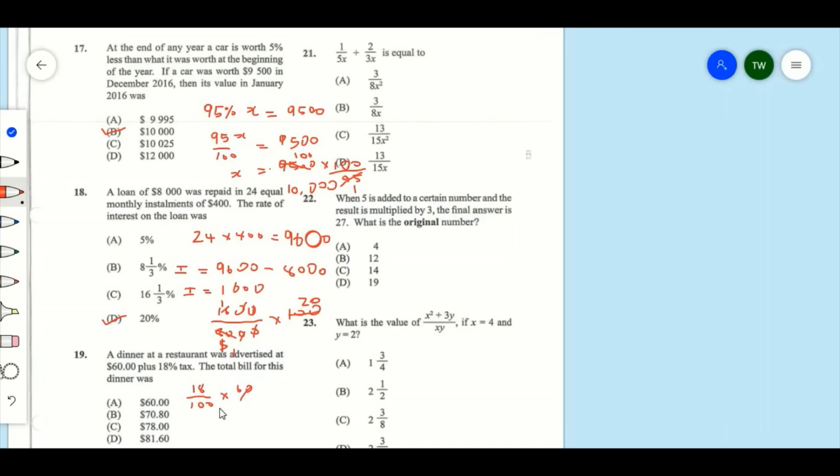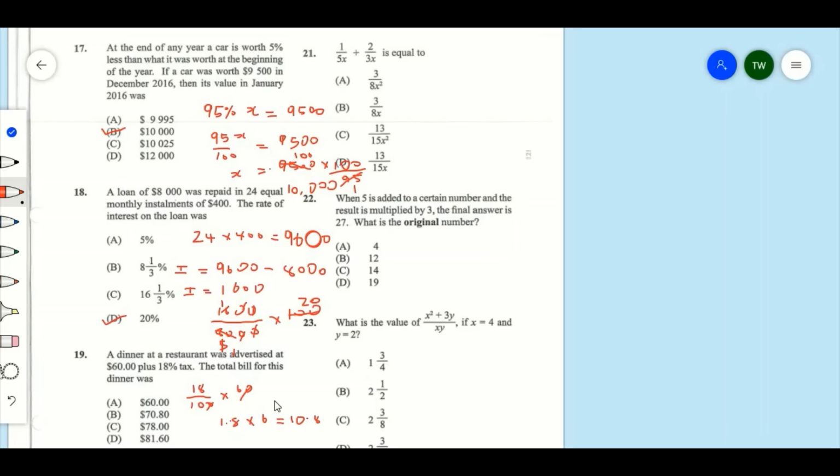Now here 0 will cancel out 0, and 10 into 18, that's going to give us 1.8, so we're going to have 1.8 times 6, and 1.8 times 6, that's going to give us 10.8.